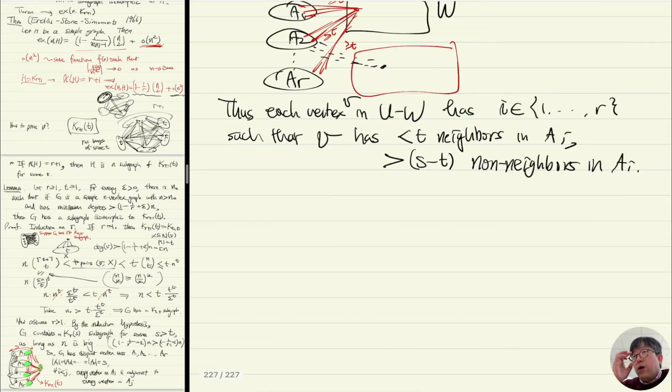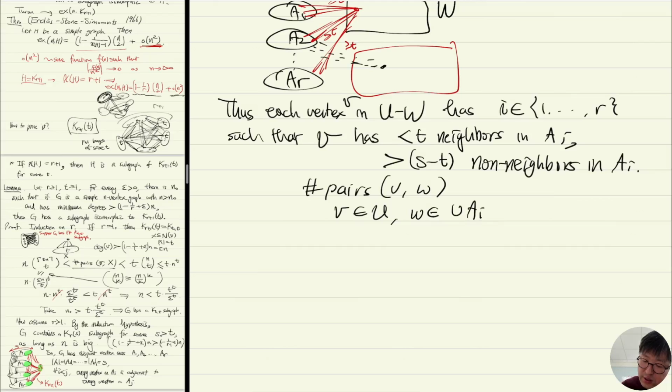All right, now I'm going to count the number of pairs of such a thing, right? So the number of pairs (v, w), where v is in U, w is in the union of Ai from 1 up to R, and v, w are non-adjacent. How many pairs do we have?